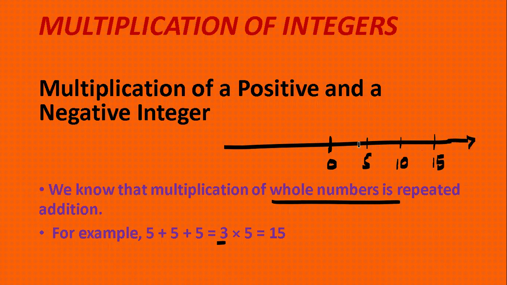This is the positive x-axis and this is the negative x-axis. Here 5, next 5, next 5. Total 1 time, 2 times, 3 times. 3 times 5 gives 15.